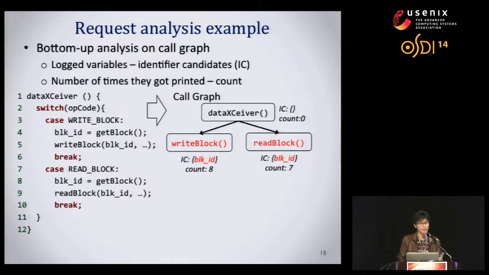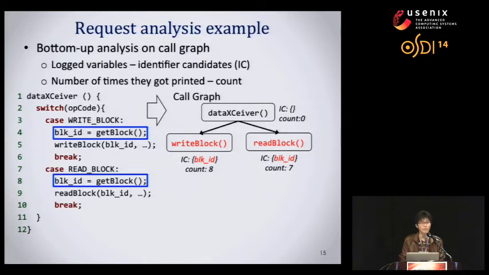This is a call graph for this HDFS example. From the bottom, we see that in the write block and read block methods, block ID is never modified, and it's printed 8 times and 7 times respectively. So they are identifier candidates. However, when we go to the upper level method, which is data exhibitor, we see that block ID got modified.